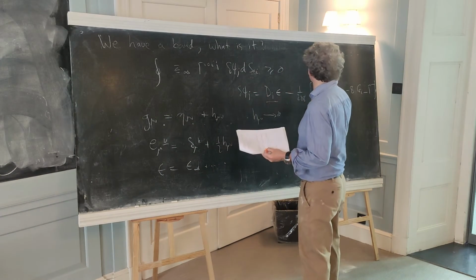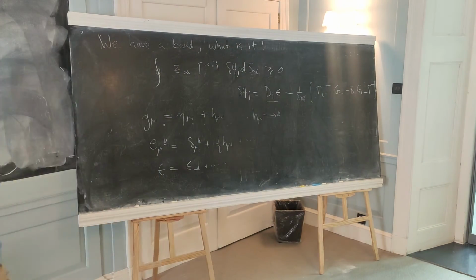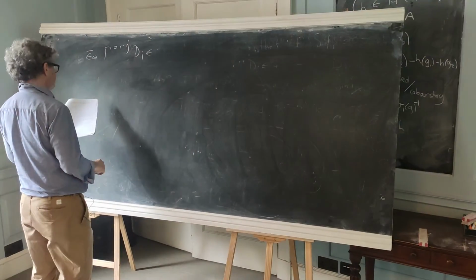Okay, so we have to work out what the first term, the gravity bit, is. What do we have? We have epsilon bar infinity here. R is the radial direction, so I'm going to assume that at infinity we have spherical symmetry to leading order. And I'm just going out in the radial direction. So this is what I have to evaluate.